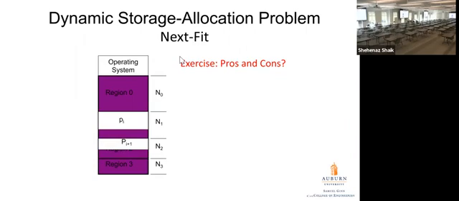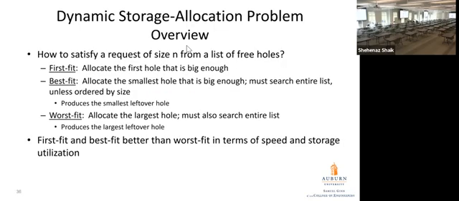Okay, so that is referred to as the next fit approach, where we start the search from the point where we stopped during the previous search. Okay. So these are the four different approaches that we have. Okay. And here we just have a quick summary of what we just discussed.